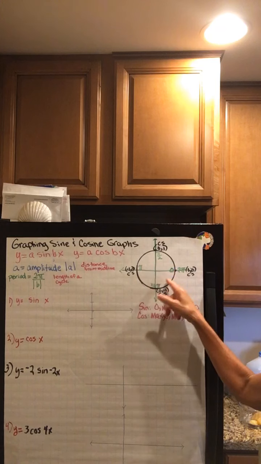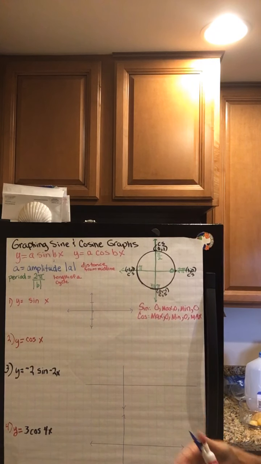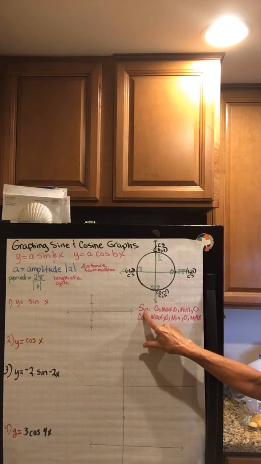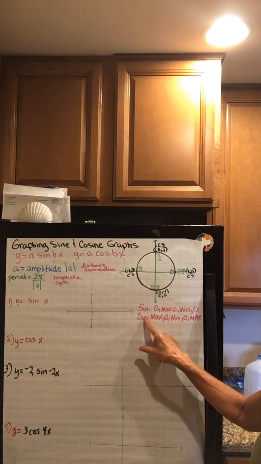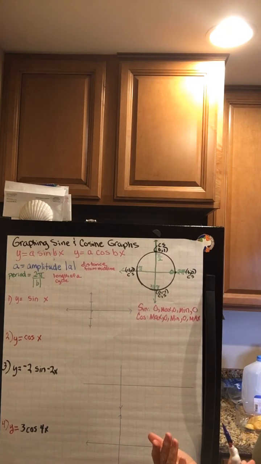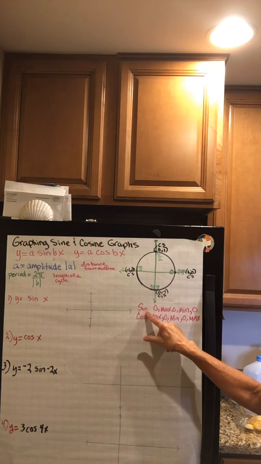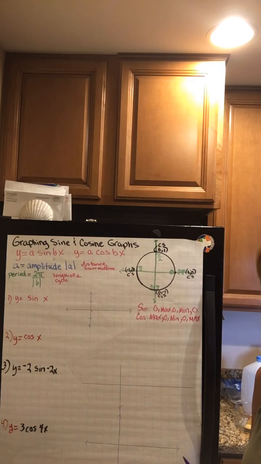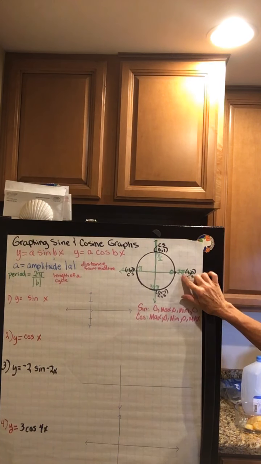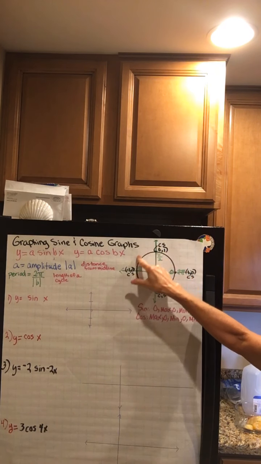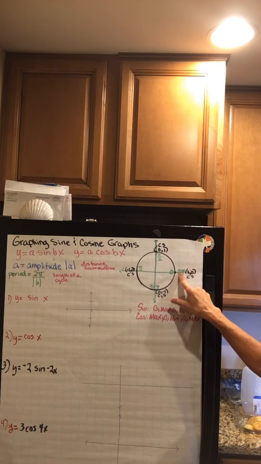Okay, so I drew a unit circle so I can kind of explain how we do the things we're doing. Like I introduced this a little bit last week. The way you find a complete cycle or a period for sine is by saying 0, max, 0, min, 0. Now I'm going to show you this on a unit circle. On a unit circle, if you recall, you go here, 0. When you go all the way around the circle, you're back to 2 pi.